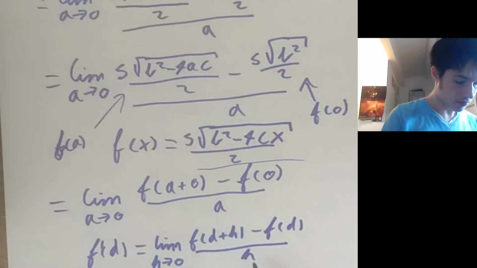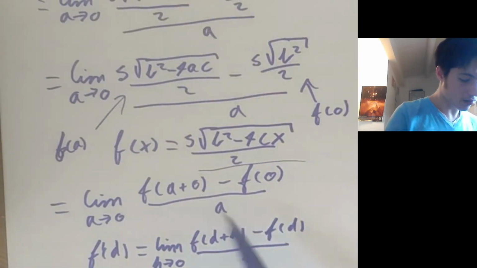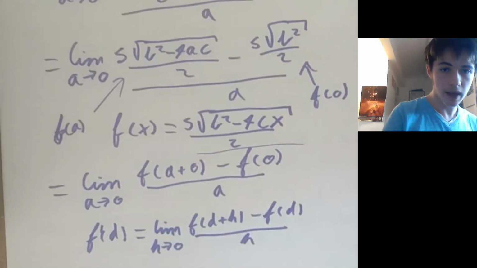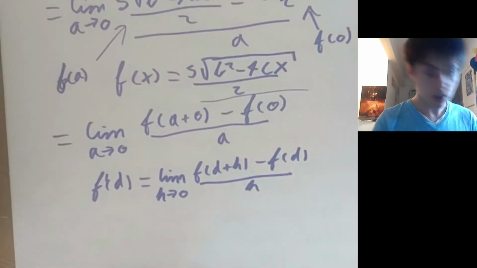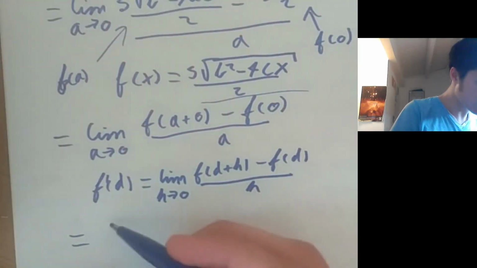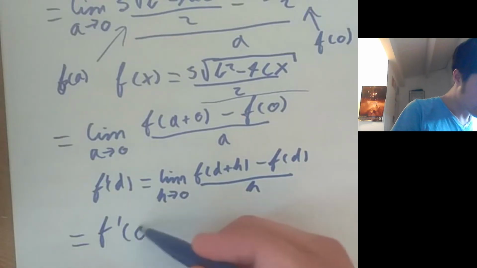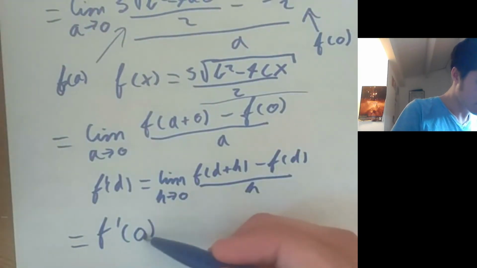And well, here a is replaced with h and t is equal to 0. So actually what we are calculating is the derivative of f at 0, this thing up here.